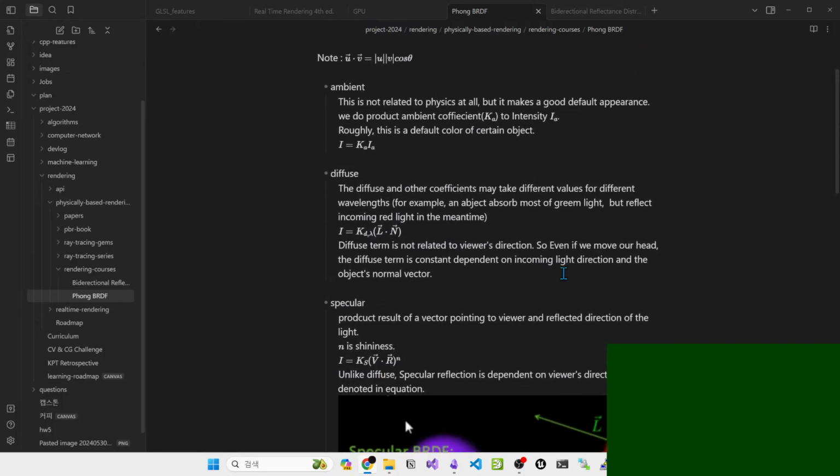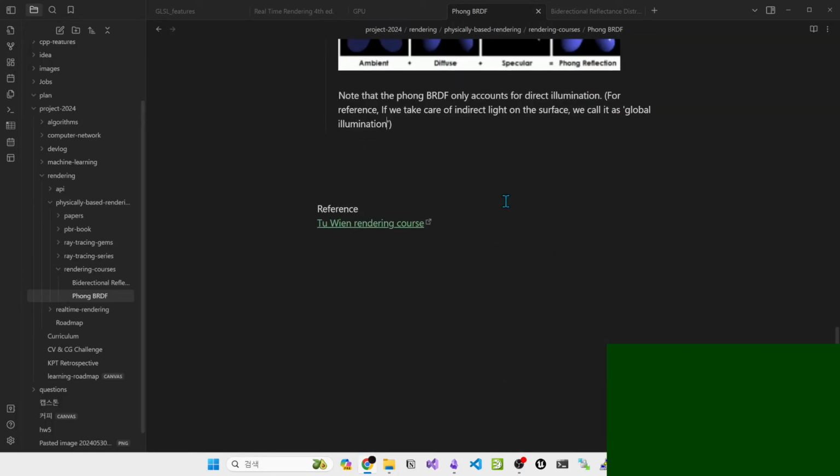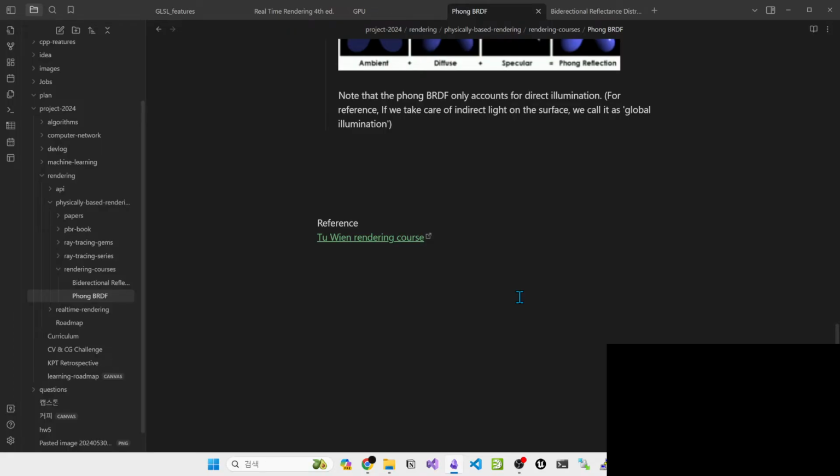And this is neglected, and the ambient term is used to make up for it. You will see examples of this in the next lecture. And this is a crude approximation, but it's still beautiful, it's easy to understand, and it serves as a stepping stone to solve the real rendering equation.